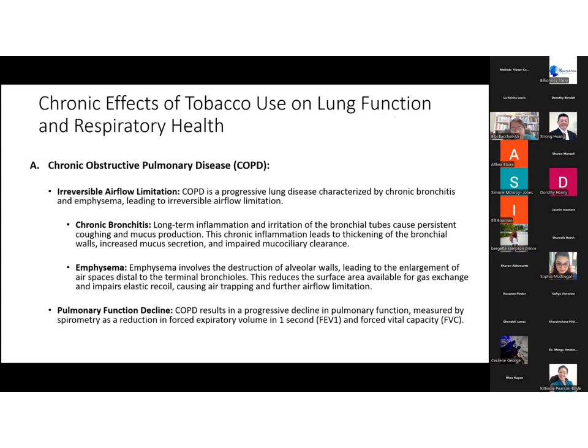This reduces the surface area available for gas exchange and impairs elastic recoil, resulting in air trapping and further airflow limitation. Chronic COPD decline can be measured using spirometry.